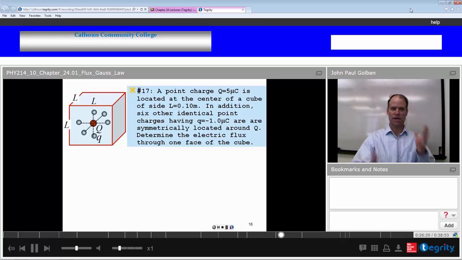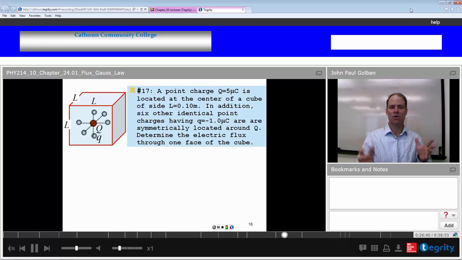Well, everything's symmetric, so there's no reason why one face would have more flux than any other face. So if I could find the total flux going out of this cube, I could divide that by the 6 faces of the cube and find the flux through one face by symmetry. So that's what I'm going to do.